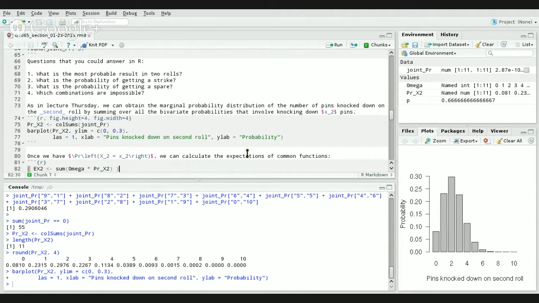to calculate the expectations of common functions in probability. We presented the formula for calculating the expectation of a function in lecture. It is the sum over all the elements in the sample space of the function that you're interested in multiplied by the probability that that element of the sample space occurs.